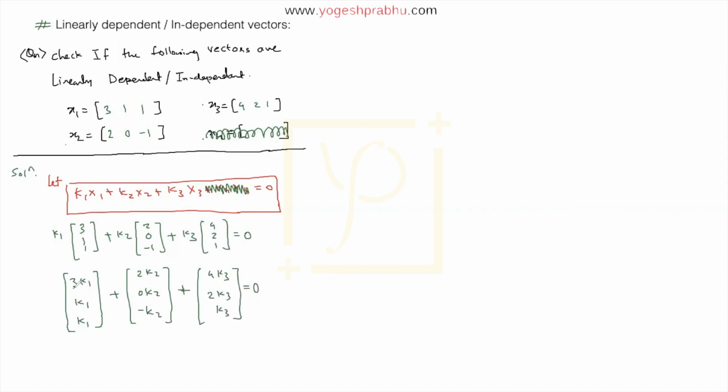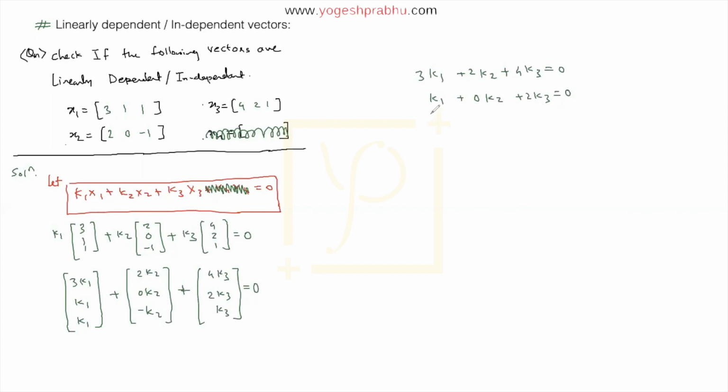Once we write like that, we write it in equation form. The first values are 3k1, 2k2 and 4k3. So the first equation is 3k1 plus 2k2 plus 4k3 equal to 0. The second equation is k1 plus 0k2 plus 2k3 equal to 0.